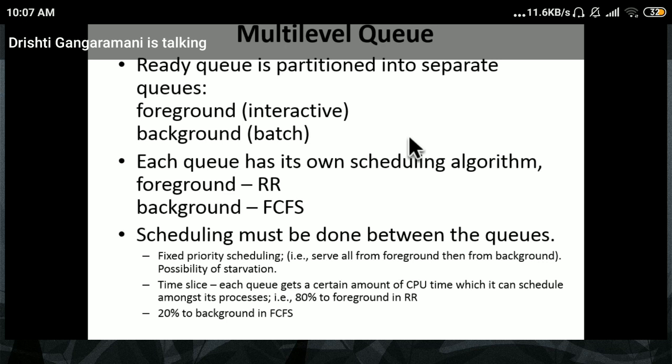How is the time slice divided? It's written that each queue gets a certain amount of CPU time which it can schedule among its processes.